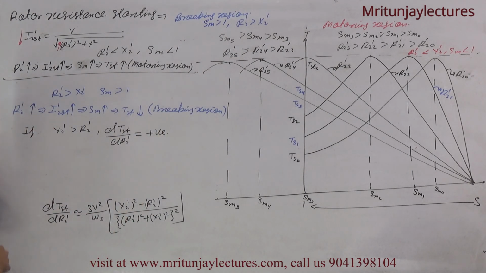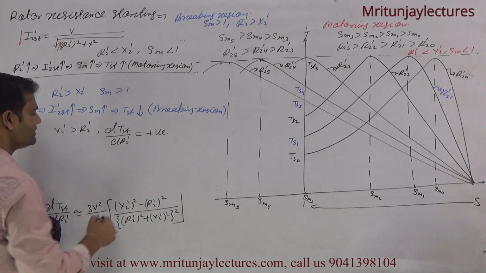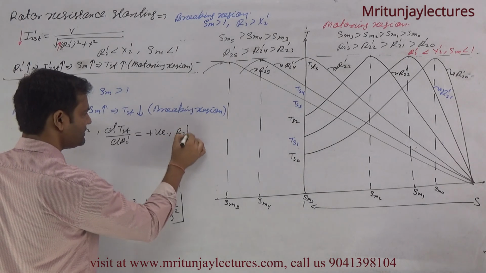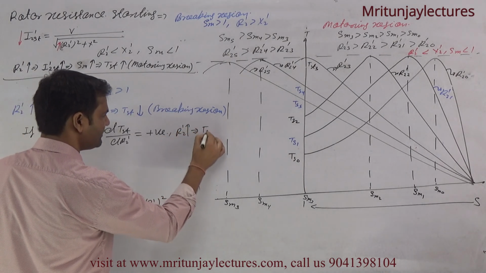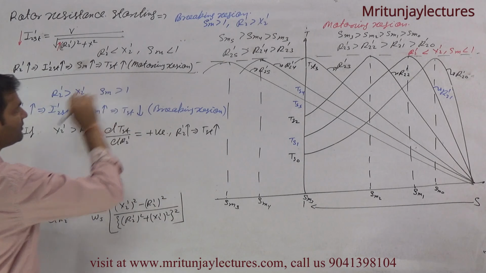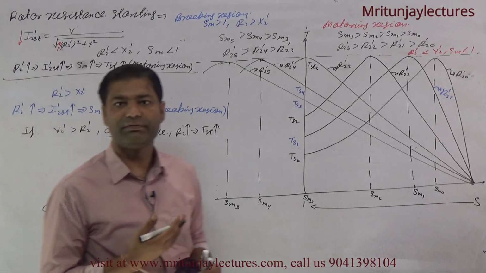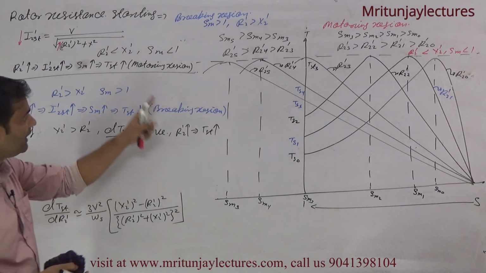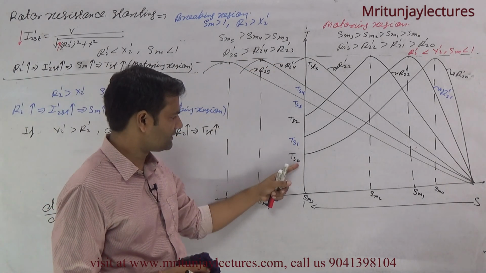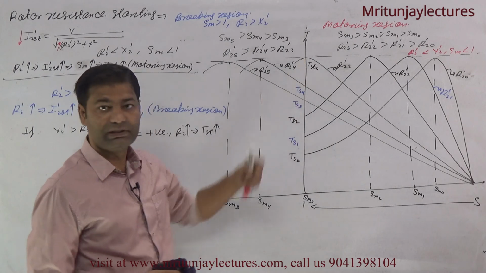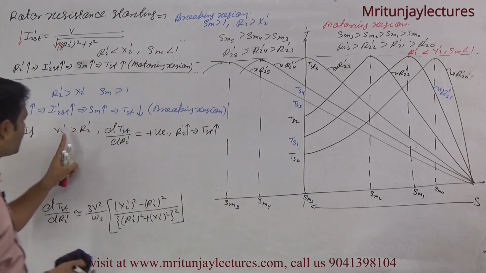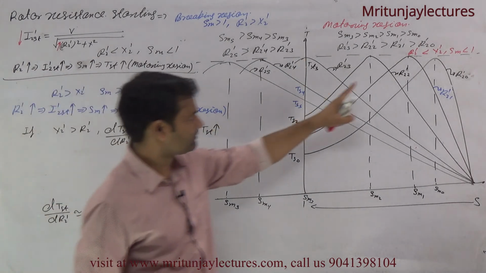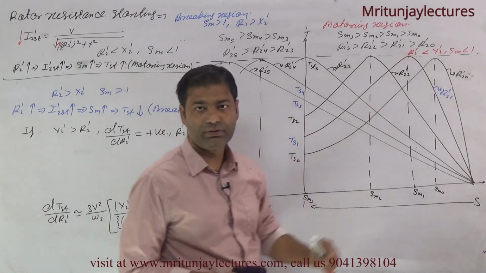It means that it is an increasing function, so you can say that if R2 dash increases, then starting torque also increases. It is clear. It is also shown in the graph. This we proved with the help of mathematics, and you can also plot it like this. X2 dash is greater than R2 dash in this region.